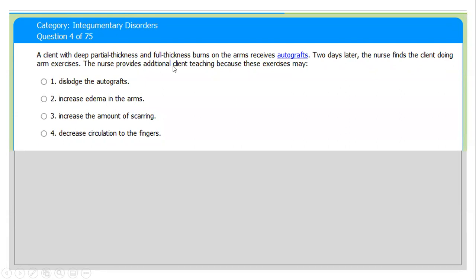The nurse provides additional client teaching because this exercise may, number 1, dislodge the autograft. Number 2, increase the edema in the arm. Number 3, increase the amount of scarring. And number 4, decrease the circulation to the fingers.